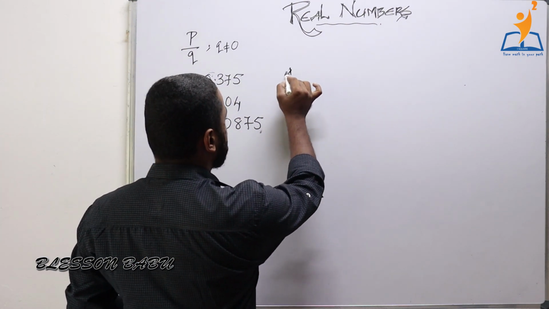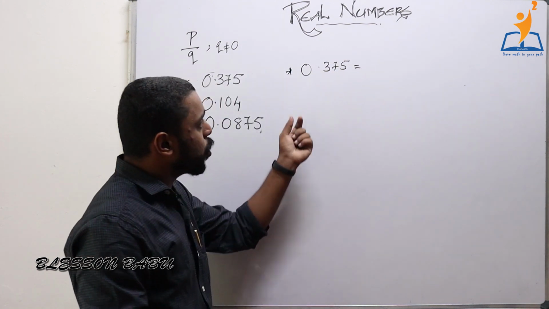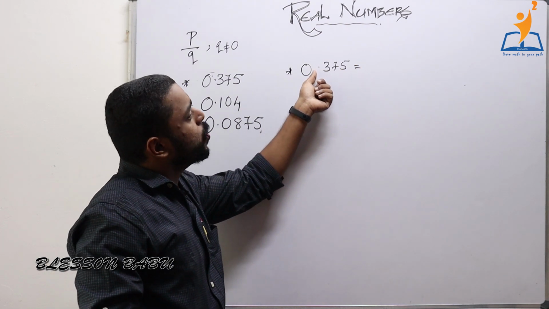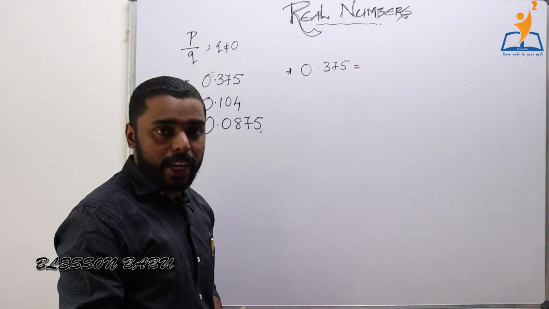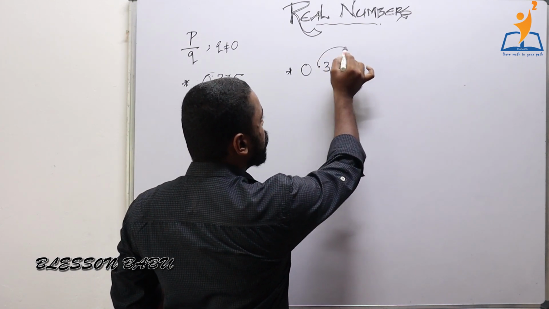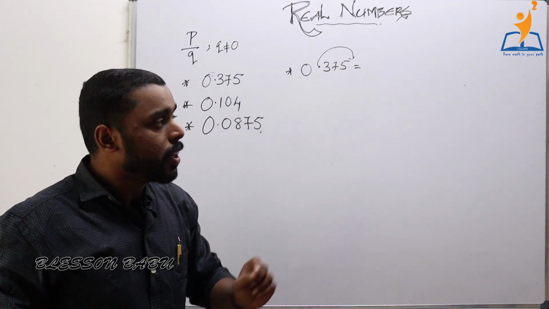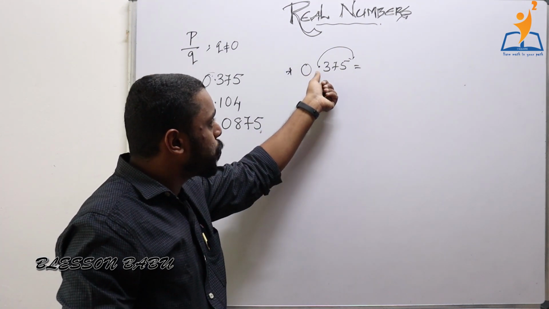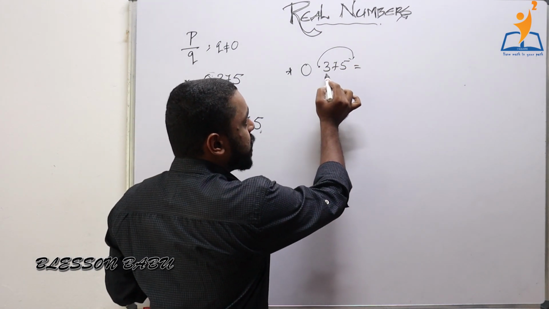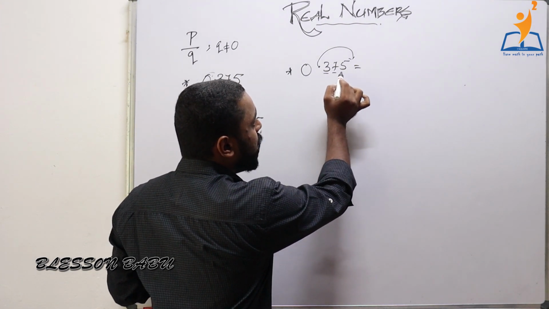First of all, let us consider 0.375. Now we are going to shift this decimal point 3 places to the right, so that this number will be equal to 375. In order to do this, we have to multiply it by 1000, since we have to move the point 3 places.